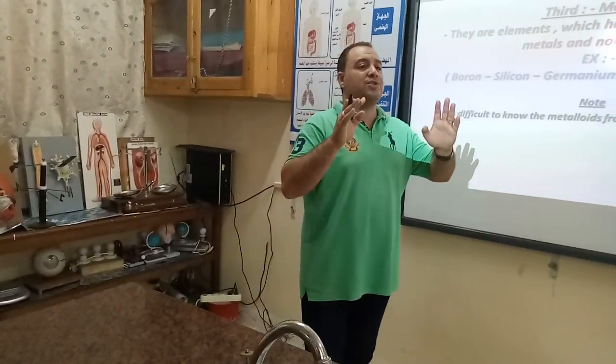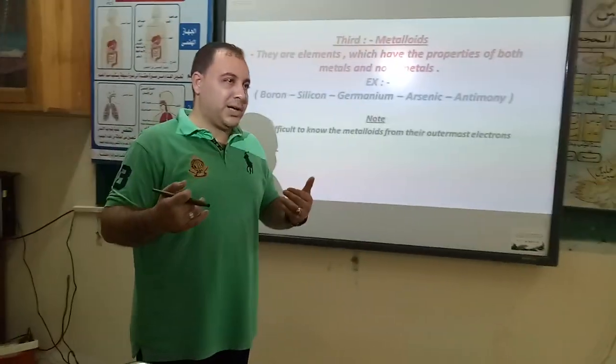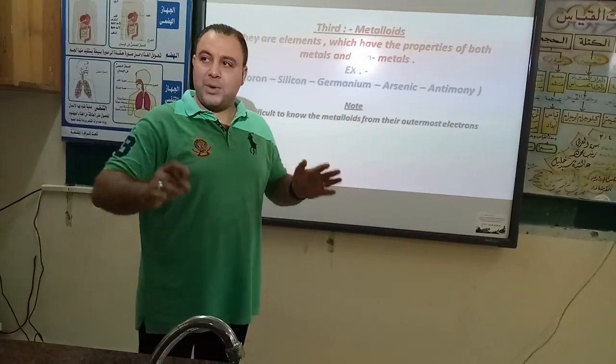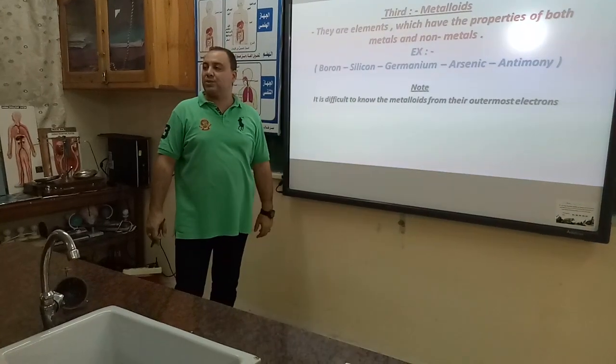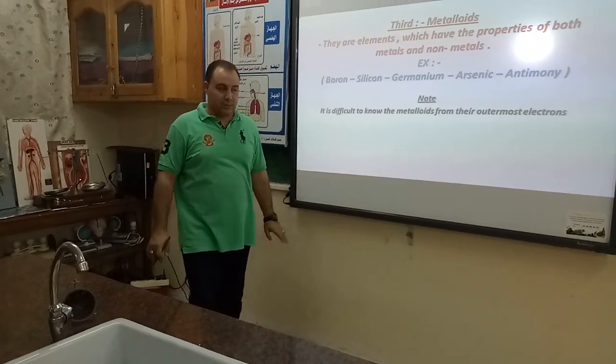Its outermost energy level has 3 electrons, so that's less than 4 electrons. So it must be a metal, okay? But it's not a metal. It's a metalloid. So it's difficult to know the metalloids from their outermost electrons.